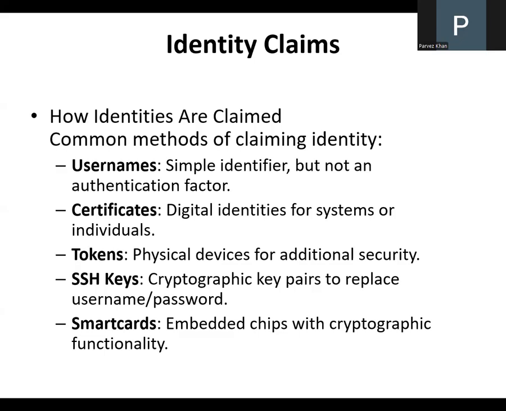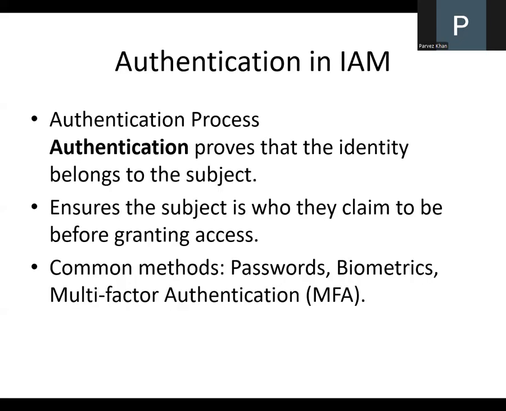Then after that, a smart card is an embedded chip with cryptographic functionality. There is a device on the laptop or PC, or many devices, with which the smart card reads the data on the chip, which is encrypted, and based on that encryption algorithm, it will give the access. So these are all the claims by which you can identify yourself and get access based on this mechanism.